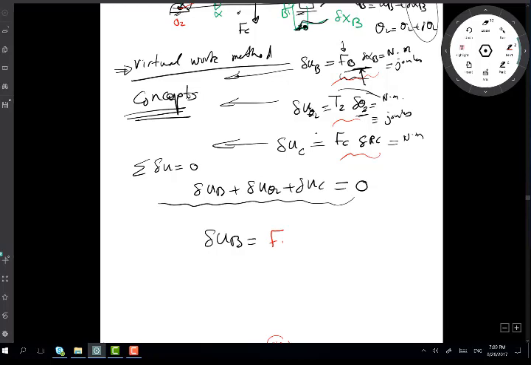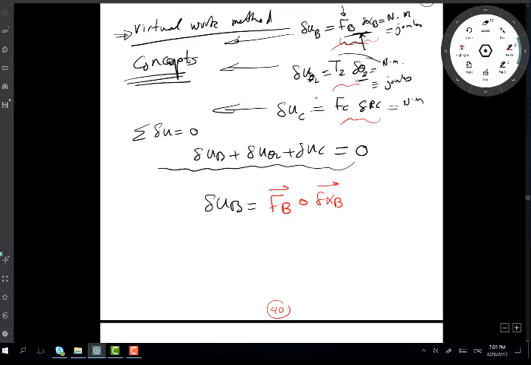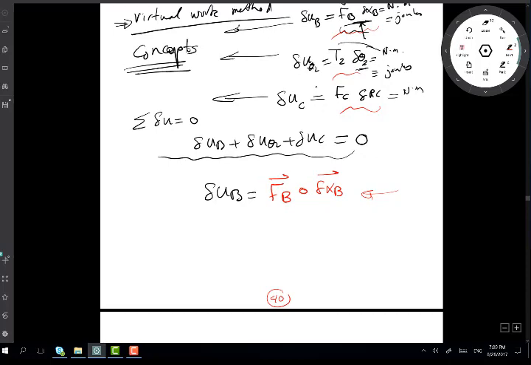So multiply the force as a vector, dot delta xb, as a vector. So it's really a dot product, and hence sometimes we get positive, sometimes we get negative from this expression.